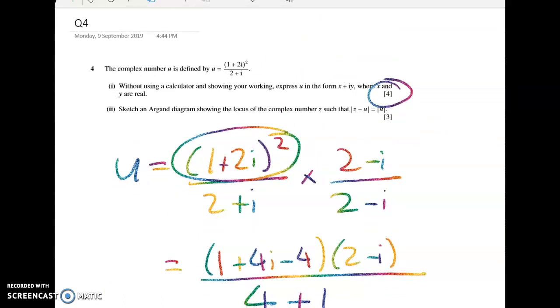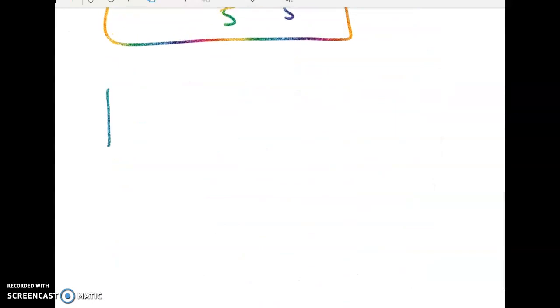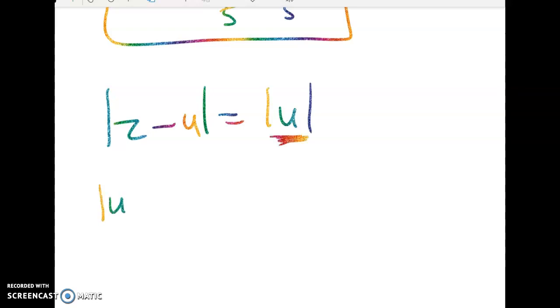Now we have to sketch an Argand diagram showing the locus of the complex number z such that this is the case. This looks bad until you realize that we now know what u is. So u is equal to negative 2/5 plus 11/5 i.